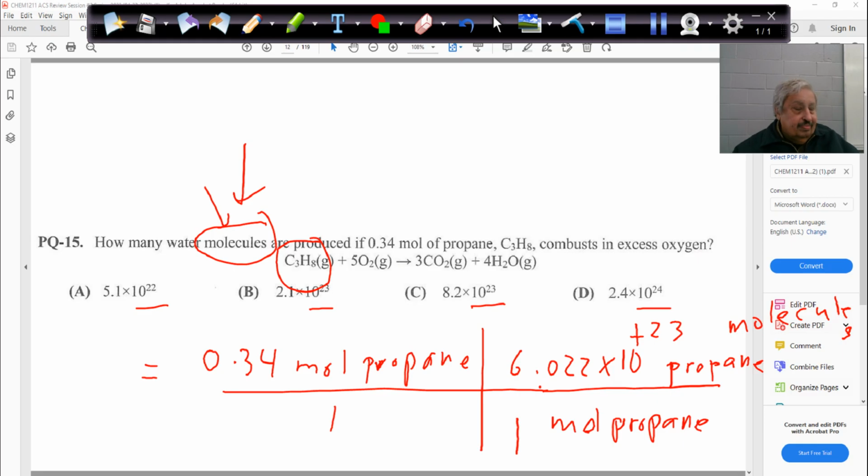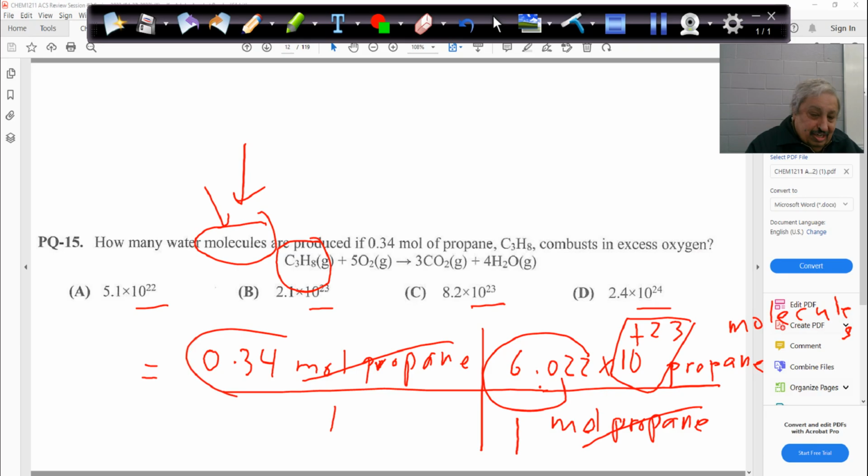Okay, guys? Make sense? The mole cancels out. You just multiply this. Keep this one here by itself. Whenever you calculate, because that sometimes brings an error, keep it at the end. Multiply this by this. Observe the sig figs. The sig figs will be controlled by the least number of sig figs. Avogadro's has four significant figures. This is 2 significant. Your answer has to be what? 2 sig figs. That's correct.